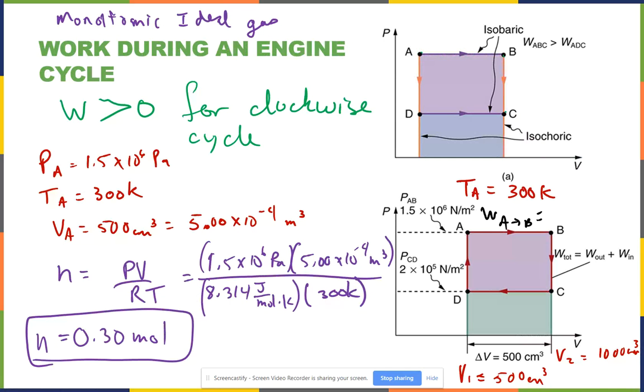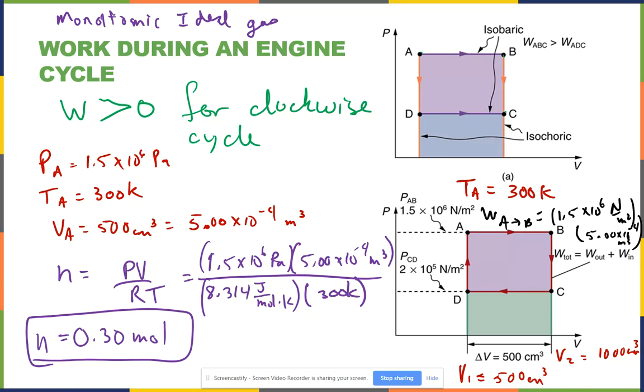How do I calculate work? It's the pressure times the change in volume. So that would be 1.5 times 10 to the 6th newtons per meter squared times 5.00 times 10 to the minus 4 meters cubed was the change in volume.